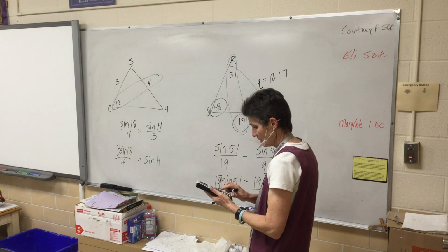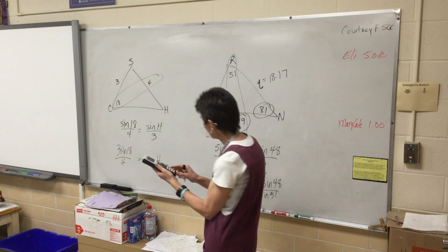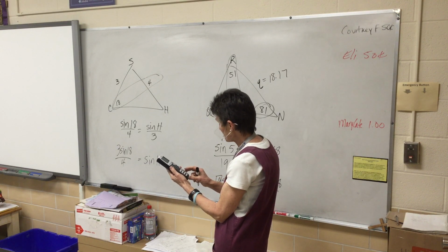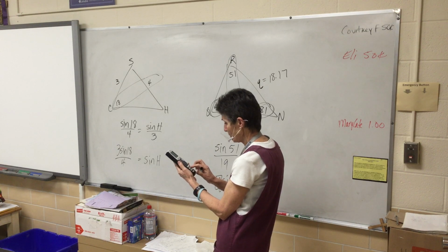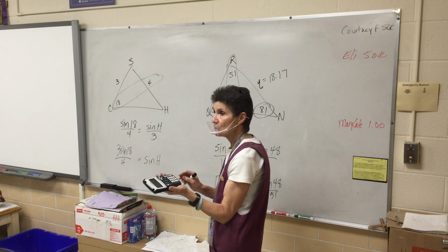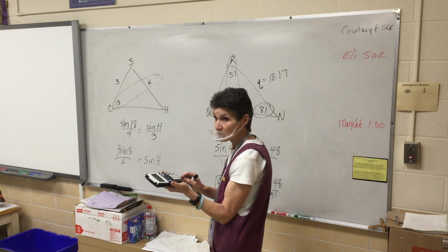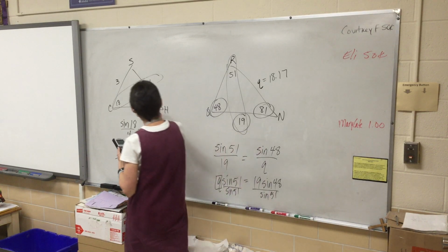Your variable is sine h. That means you have to use second sine, inverse sine, to get rid of that and have just h. So inverse sine 3 sine 18, close those parentheses, divided by 4. I got an answer, did you? Sometimes we don't, which means the triangle is impossible. But I did get an answer. I got 13.4 degrees.